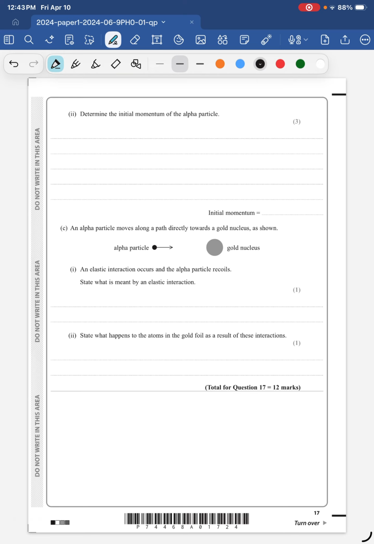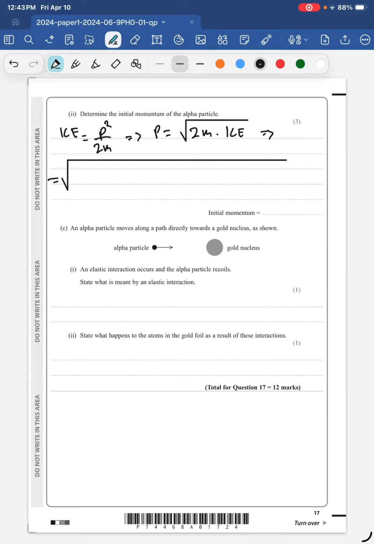Part 2, determine the initial momentum of the alpha particle. The kinetic energy is p squared over 2 times the mass of the alpha particle. So the momentum is equal to the square root of 2 times the mass times the kinetic energy.